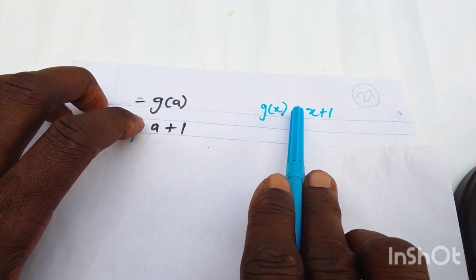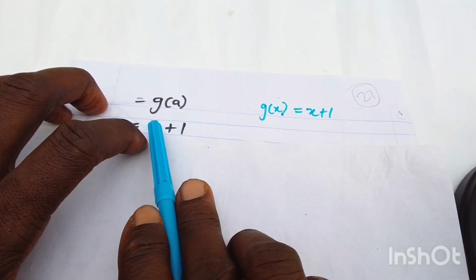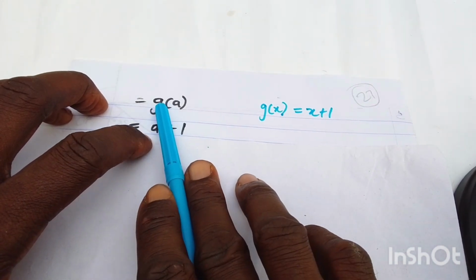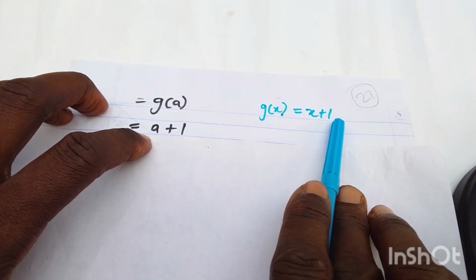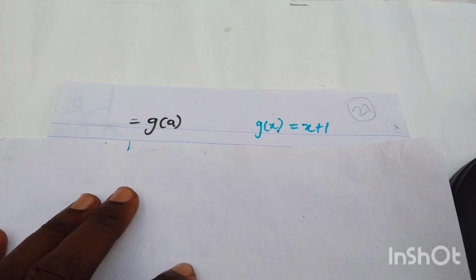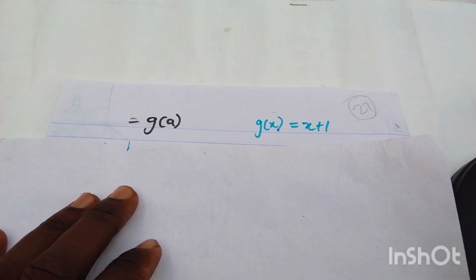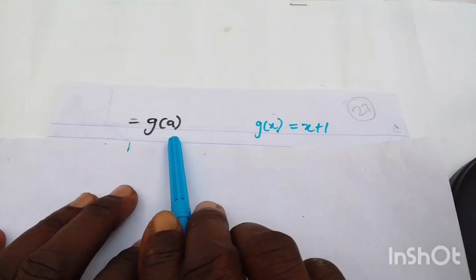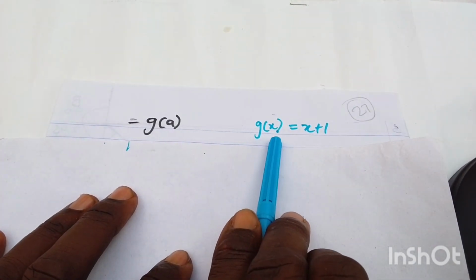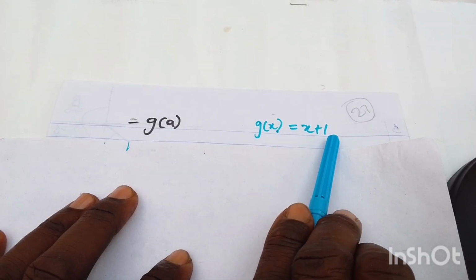Wherever I see x, I put a, so that gives a plus 1. So to remove this g, I'm going to put this.